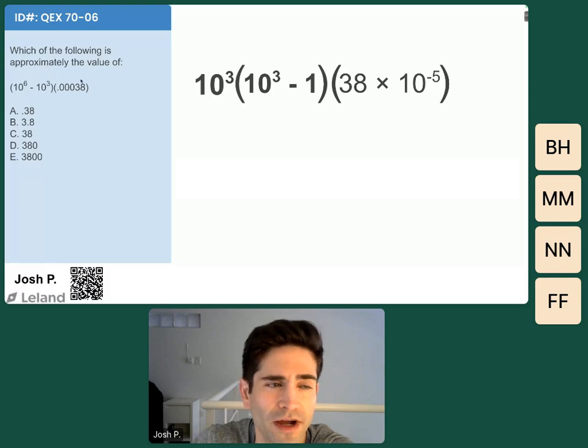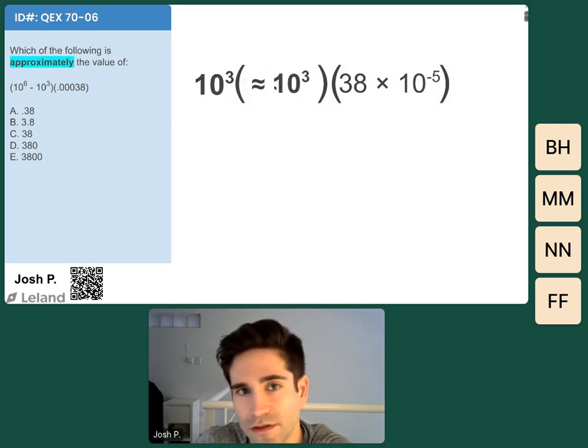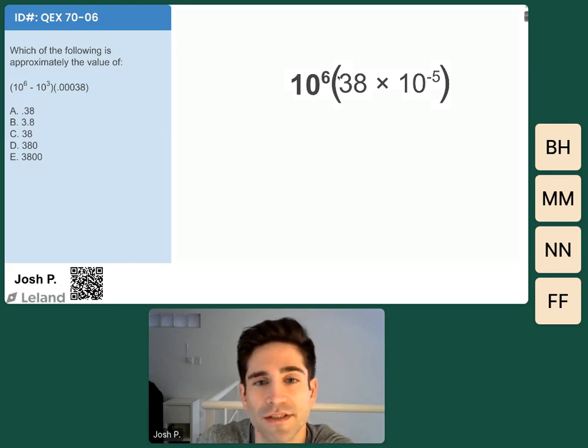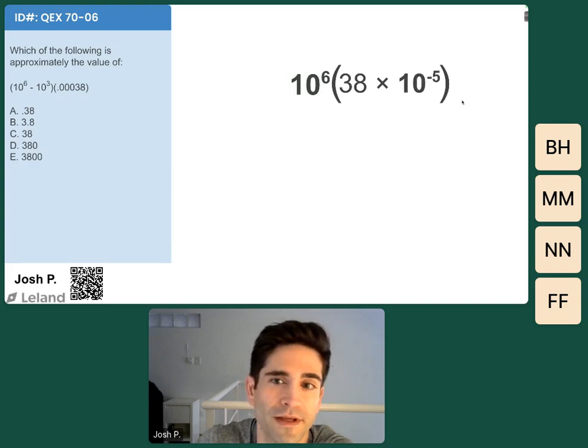But when we look at the prompt, it says approximately the value of. So we can round it to 10 to the third, and we have 10 to the sixth times 38 times 10 to the minus 5. Now we see two terms are very similar: 10 to the sixth times 10 to the minus 5.